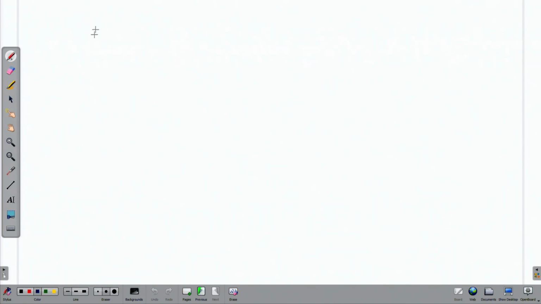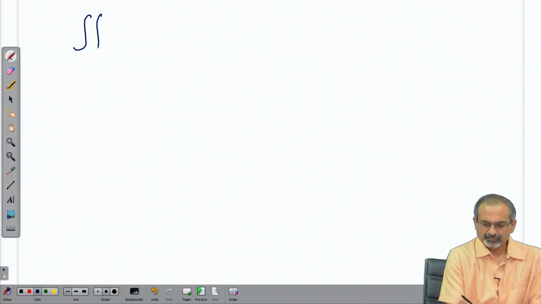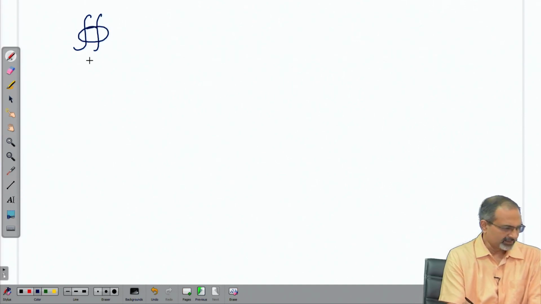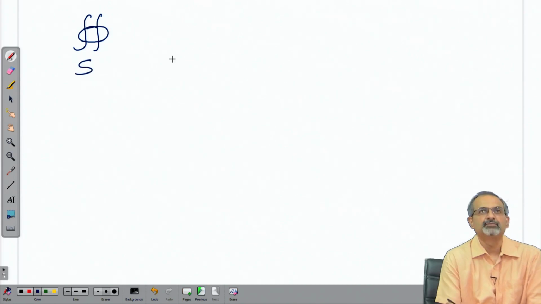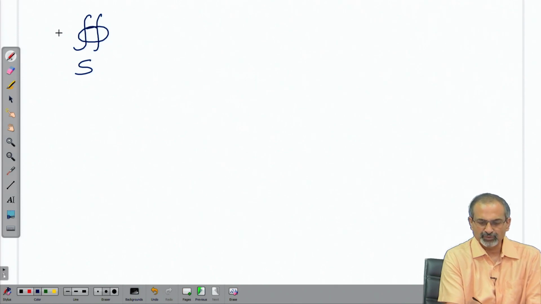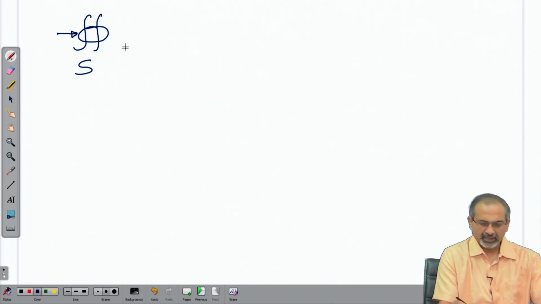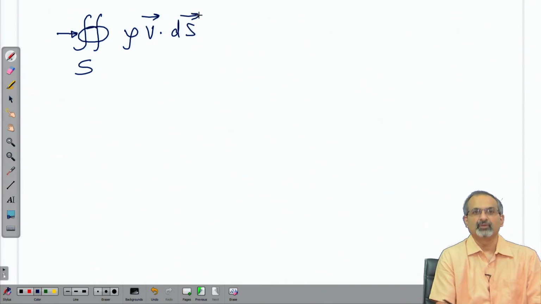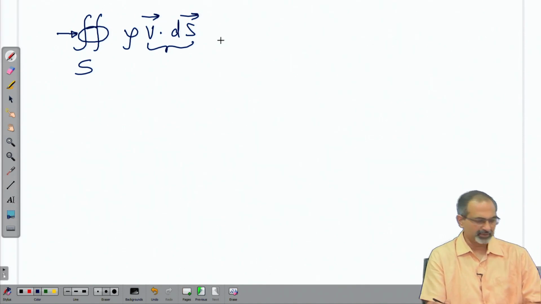Let us try to integrate the mass flow over the entire surface. So, it is a closed surface which we saw, the control volume has a closed surface, and therefore, we have to include this closed surface symbol when we do the integration. And what do we integrate? We integrate rho V dot dS. So, this is a dot product, and therefore, you will have a scalar coming out of it.